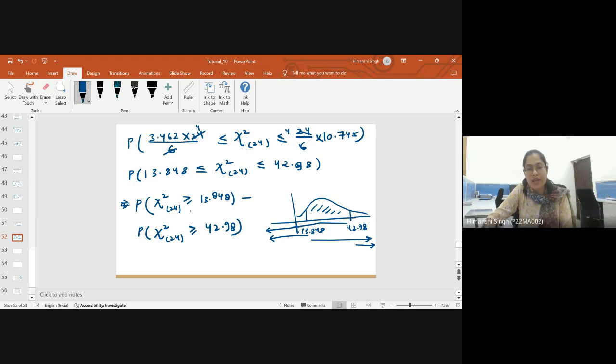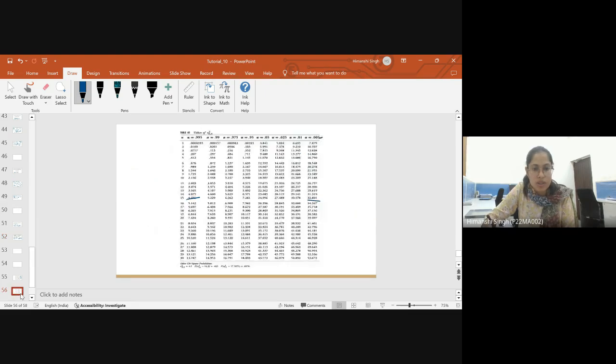Now why am I taking this greater than quantity? Because in the table the right-hand area is given, so that's why I am taking the right-hand side. So from the table, chi square greater than 13.848 with 24 degrees of freedom: the nearest value is this one, so the area will be 0.95.